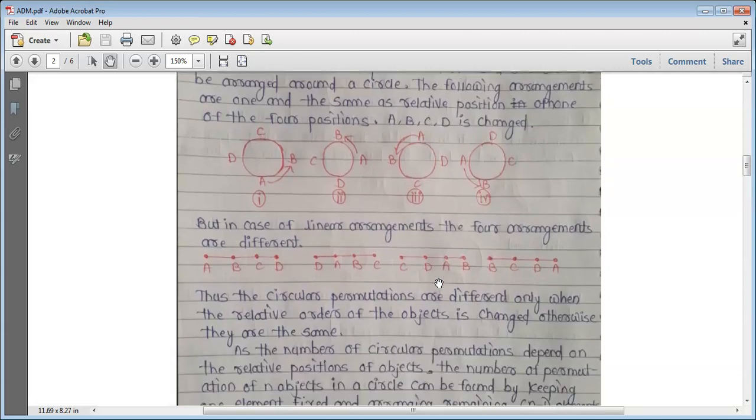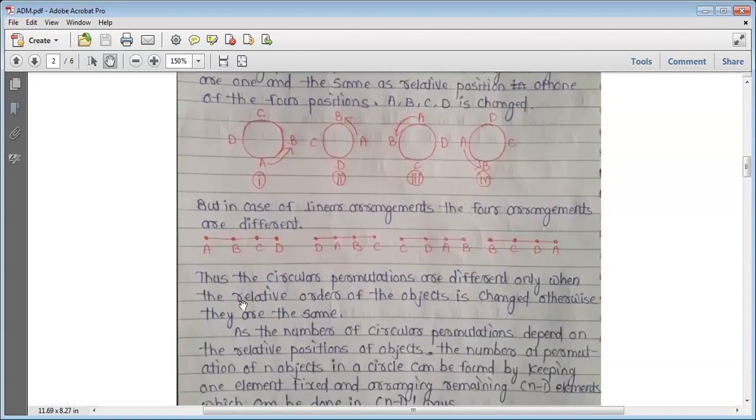Thus the circular permutations are different only when the relative order of the objects is changed. Otherwise, they are the same. If we change the relative position, that is, if we take this B in between A and C on this side, and D, and interchange B and D, then this permutation is different. Otherwise, it will be the same.